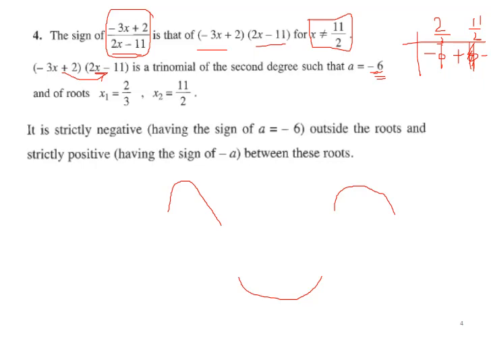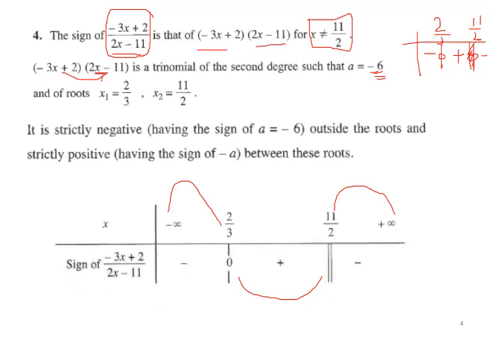So if you put 2 over 3 and 11 over 2 on the table, always remember that inside the roots, the sign is opposite to a. a is negative, so inside is positive, and outside the roots it is negative. So this is the table.